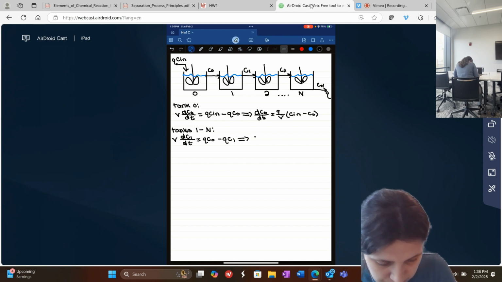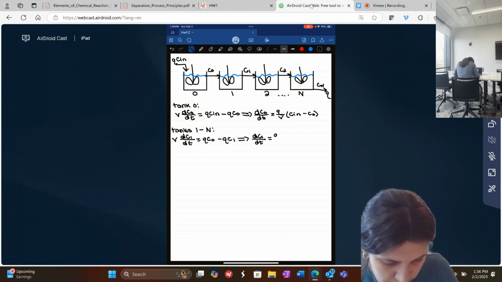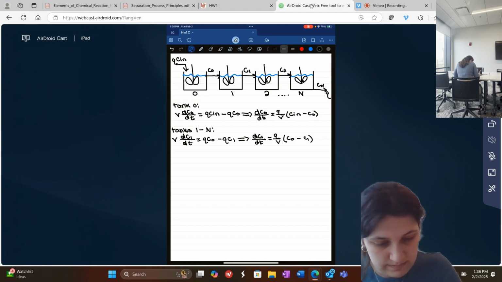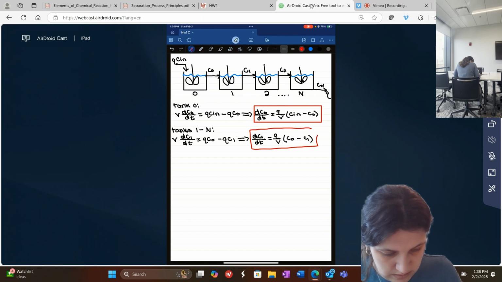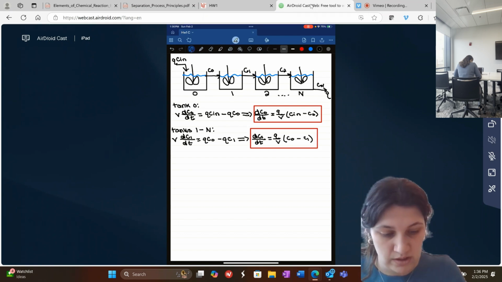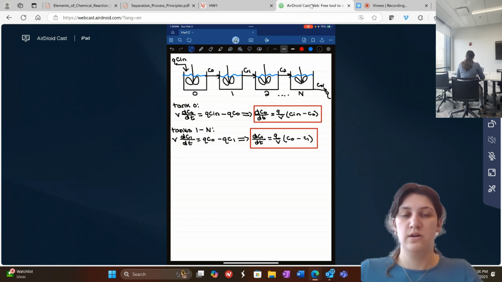And for this equation, we have dc1 over dt equal to Q over V times C0 minus C1. There we have our two differential equations for that flow through a series of tanks, and number of tanks.